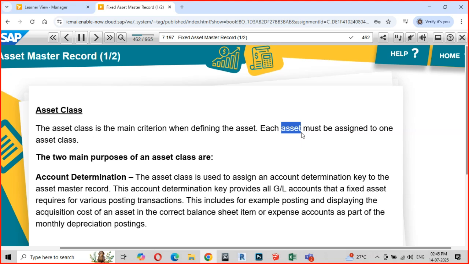It should either be a real estate, a building, a plant and machinery, a vehicle, or furniture and fixture. Clear? However your organization is breaking the asset class or the nature of assets it is procuring, it must have a definite asset class. It must belong to one of the categories. Yeah, that's what the statement says.